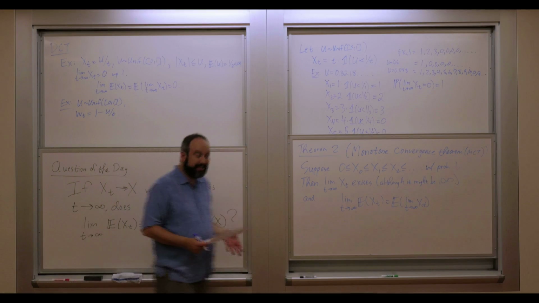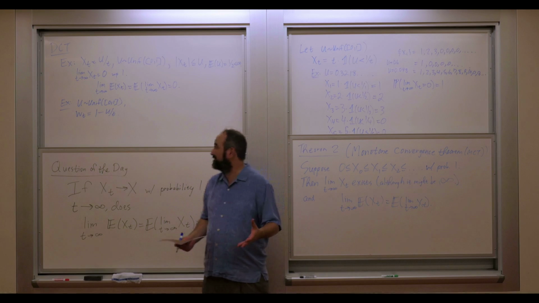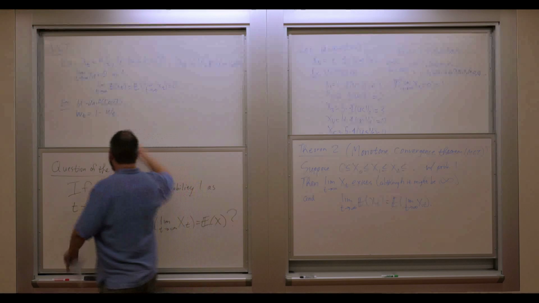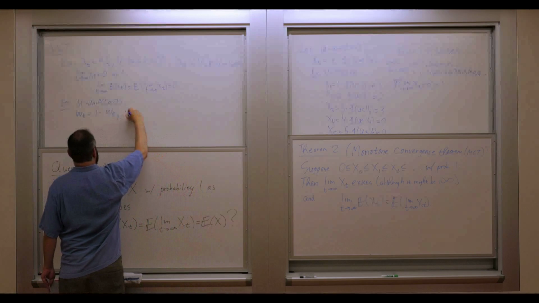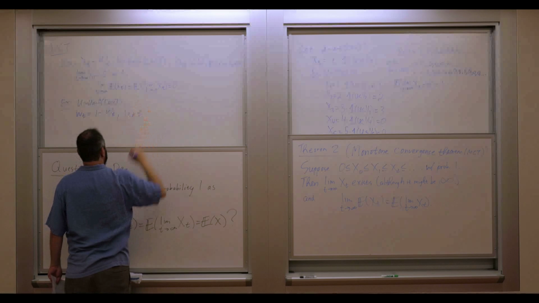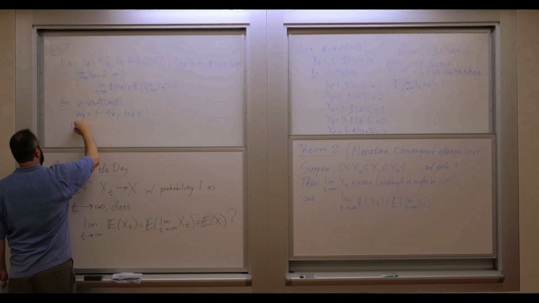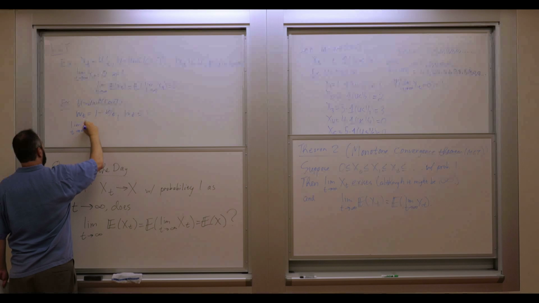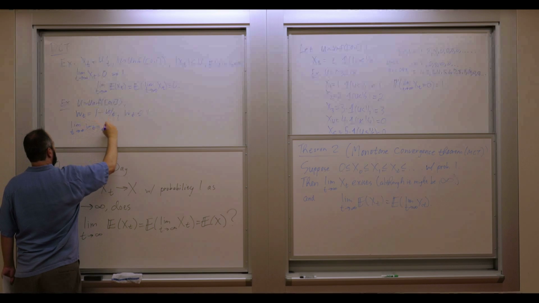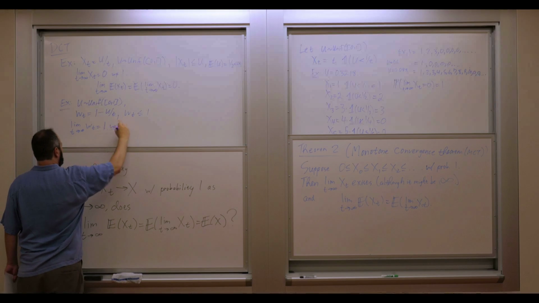Well, in that case, we know that the W sub t's are bounded above by 1. In this case, W sub t is less than or equal to 1. And again, the limit as t goes to infinity of the W sub t's equals 1 with probability 1.